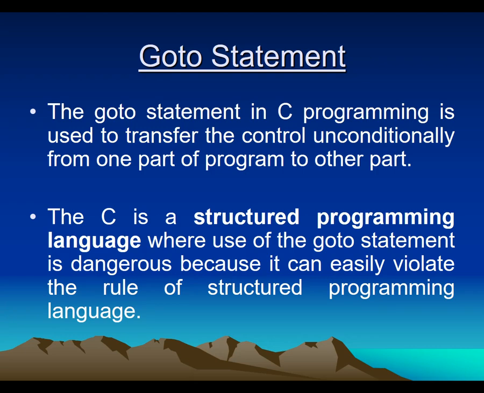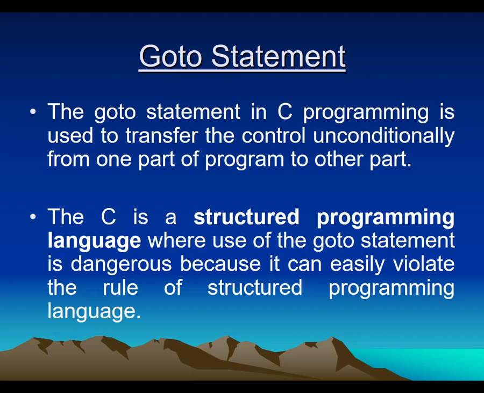In looping control structure, the first simplest part of this entire discussion is the go to statement. We are going to start that section now. The go to statement in C programming is used to transfer the control unconditionally from one part to another part. Listen to it very carefully.